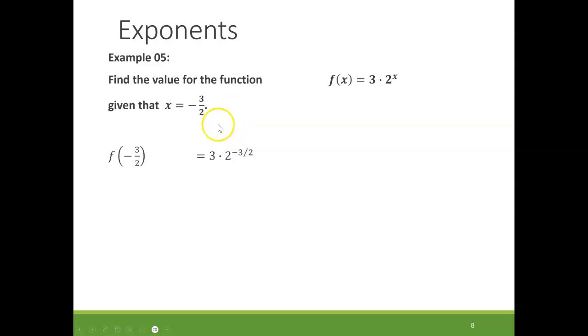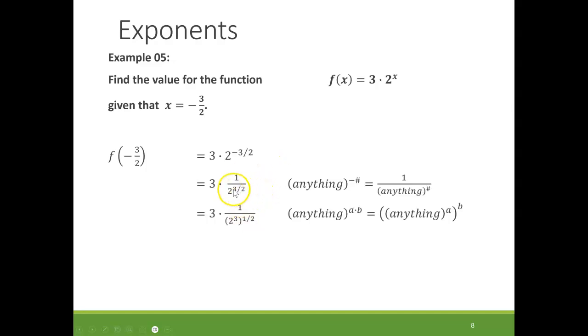So we plug in the negative 3/2. Let's do the negative exponent to make it a fraction. We'll separate this 3/2 into 3 times 1/2.